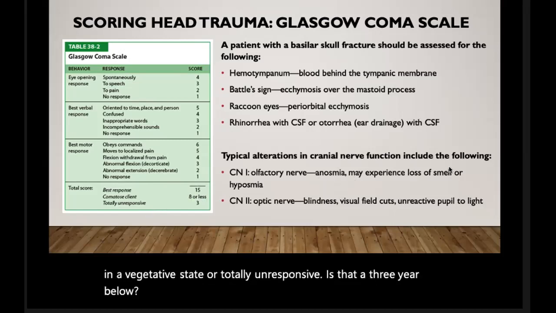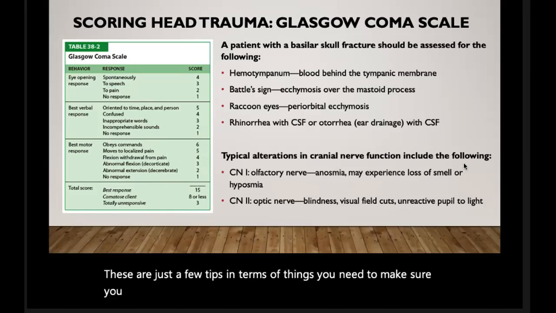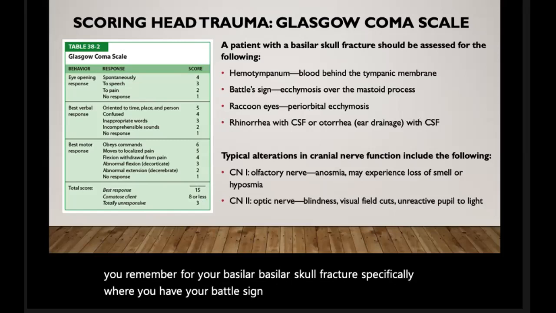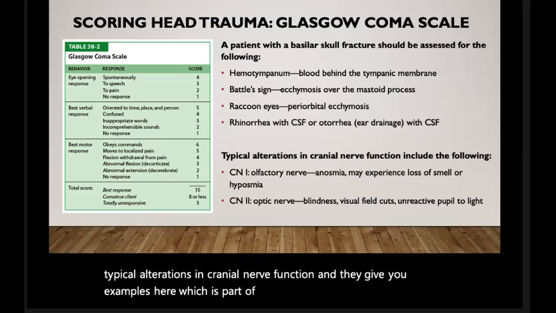These are just a few tips on things you need to remember for your basilar skull fracture, specifically where you have your Battle sign and your raccoon eyes, as well as typical alterations in cranial nerve function. They give you examples here, which is part of your cranial nerve exam.